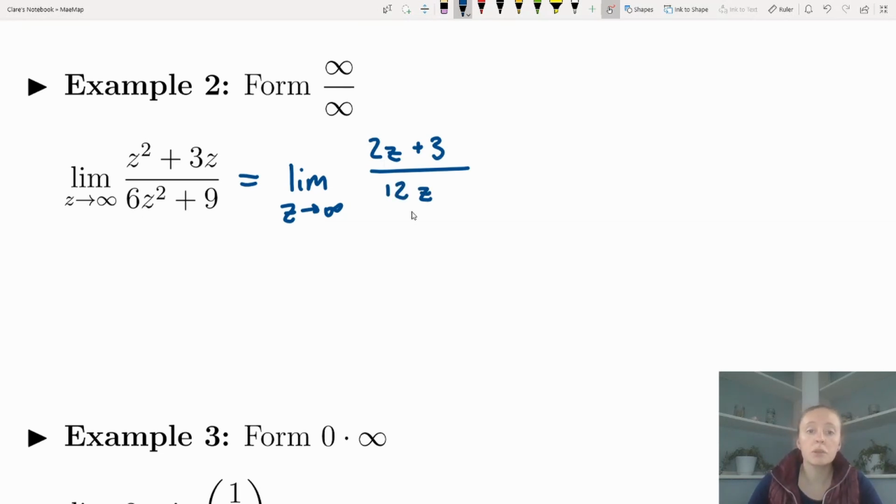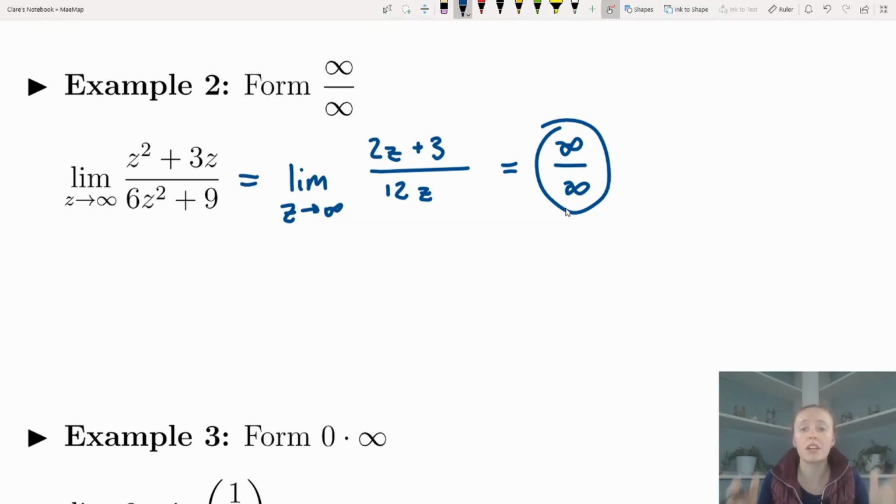So 2z over 12z, if we took the limit as z approached infinity, I would still get infinity over infinity, which is still in a form that I can continue to do L'Hopital's rule with. So there's not a limit to how many times we can take the derivative, just as long as we're in that proper form, infinity over infinity or 0 over 0.